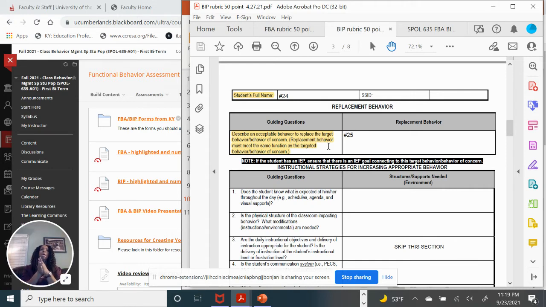When it's something that we can help them to do better or differently, like seeking attention, then we give them that. But I can't give her an appropriate way to avoid ever having to do math. That's just not possible. So the replacement behavior, the reason why that's important is because oftentimes when behavior is dealt with in school, we give a consequence like ISS or detention, or I'm notifying the parent, or whatever the case might be.